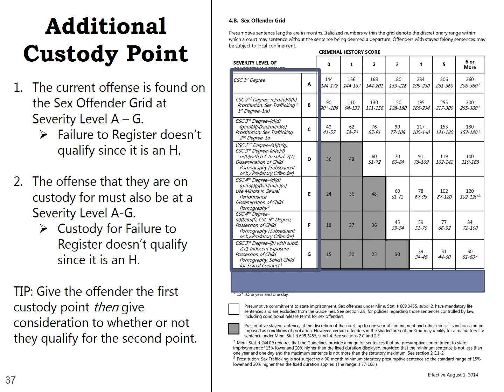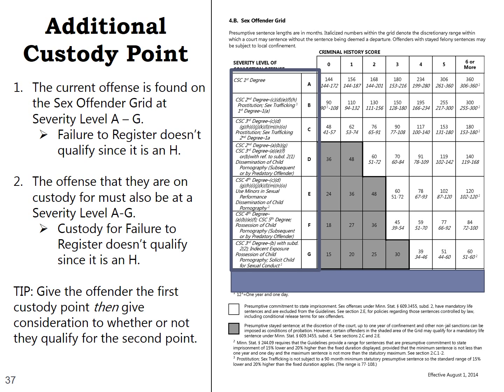Severity level H for failure to register does not qualify. Second of all, are they on custody for an offense that equates to a severity level A through G? Again, failure to register doesn't qualify at severity level H.